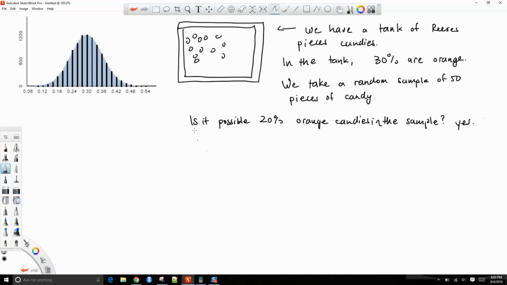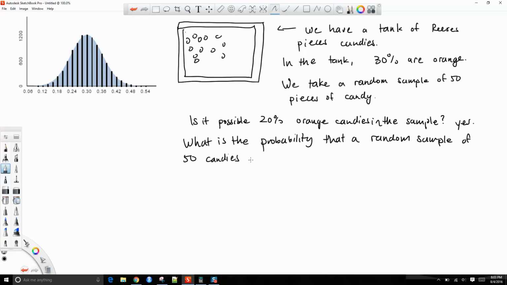And so my question is, what is the probability that a random sample of 50 candies ends up having only 20% orange or less?